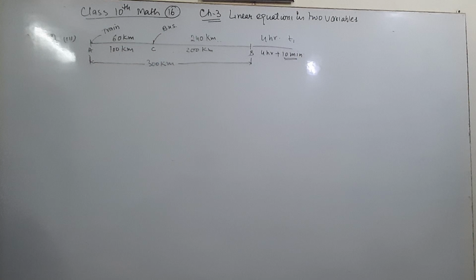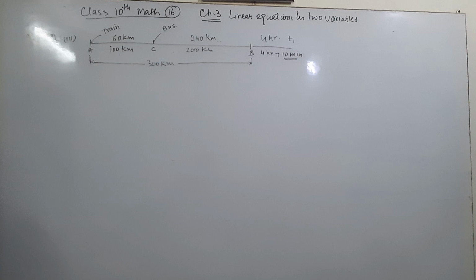How do we calculate this? According to the question, first case. Time is distance upon speed. Here T1 is the time taken by train plus T2 the time taken by bus, and total time is 4.